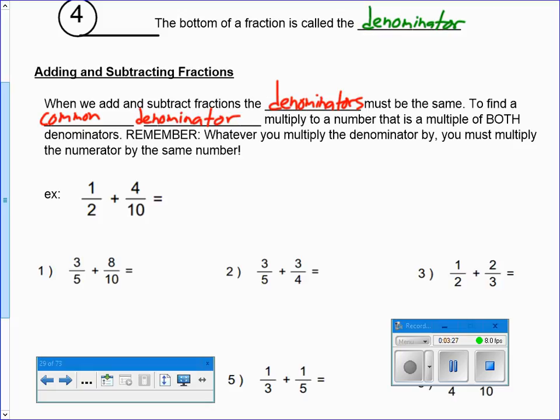So the way we find a common denominator is we look for a number that's a multiple of both denominators. So both denominators will multiply up to that number. And the biggest mistake is, make sure whatever you multiply the denominator by to get to that common denominator, you multiply the numerator by the same number.